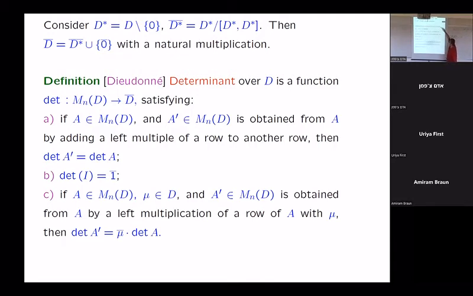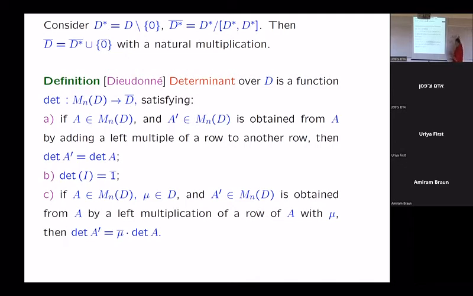But the major idea is very easy. For a determinant to be a good homomorphism, it needs some commutativity to live in.